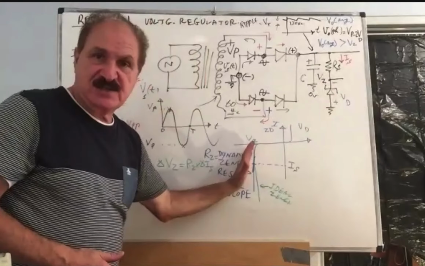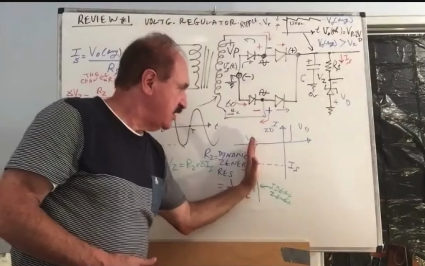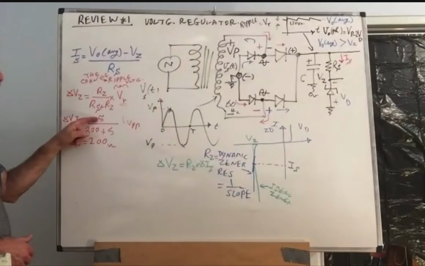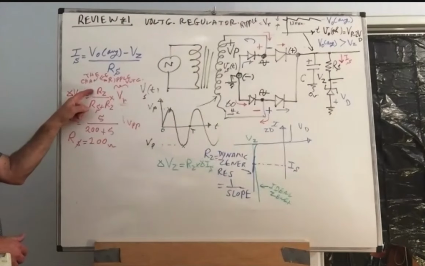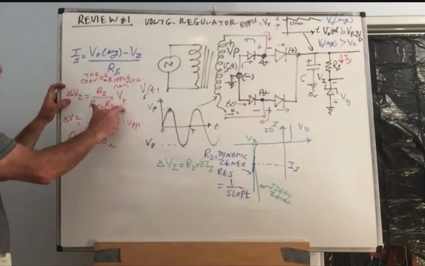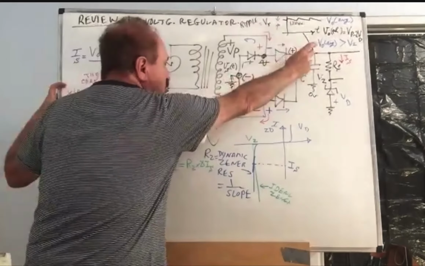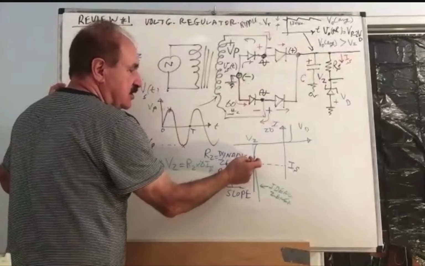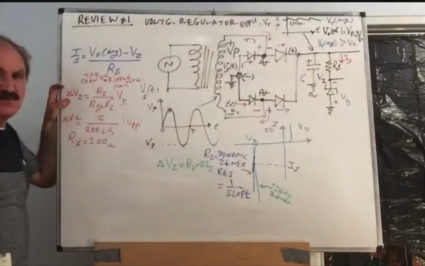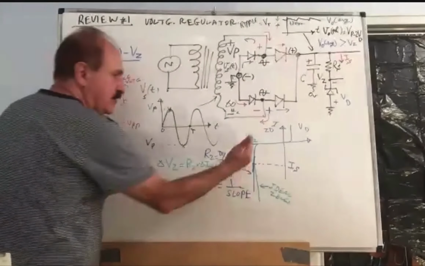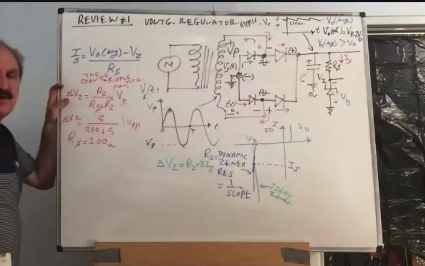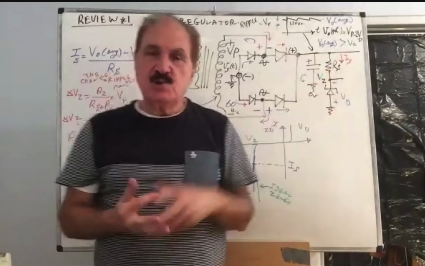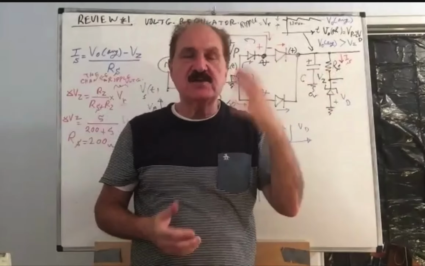The steepness of that slope: the steeper is that slope, the smaller is RZ. The smaller is RZ, the better it will kill the fluctuation over there. Because the fluctuation along the green line on the current is not going to change the voltage that much. It all depends how steep it is. So somebody, when designing the value of RS, should keep that in mind.